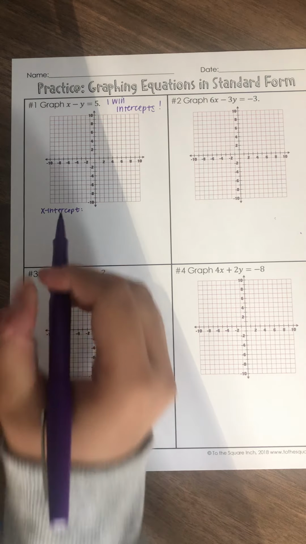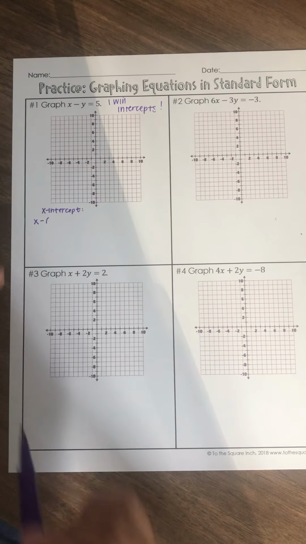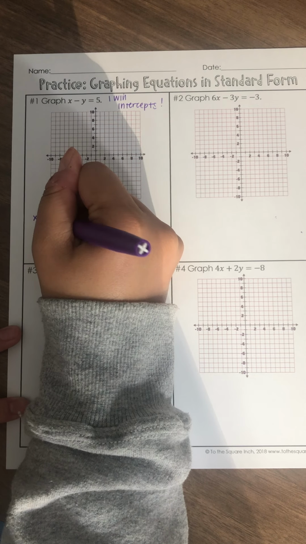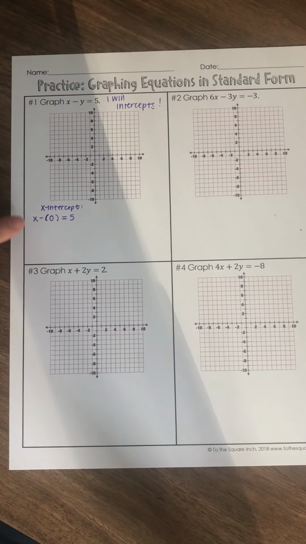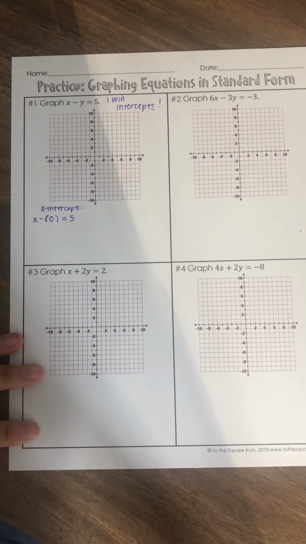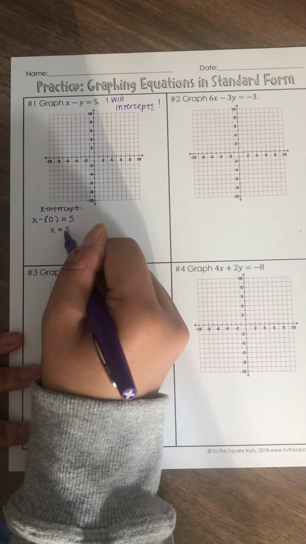Again, to find my x-intercept, I want to replace the y with a 0. So I will substitute a 0 for the y, leaving me with x minus 0 equals 5, which will tell me then that my x equals 5.